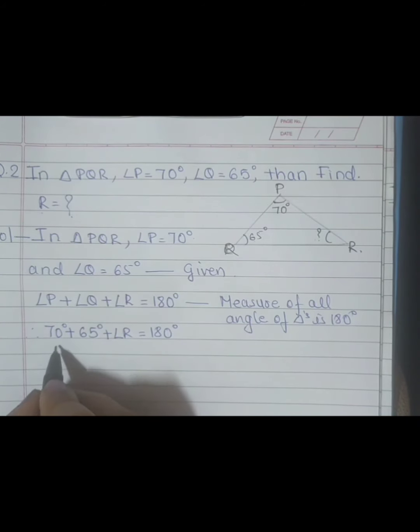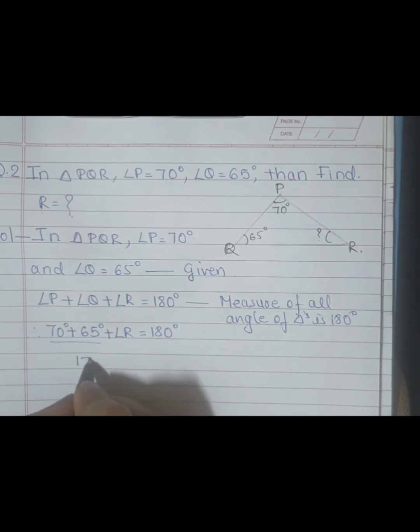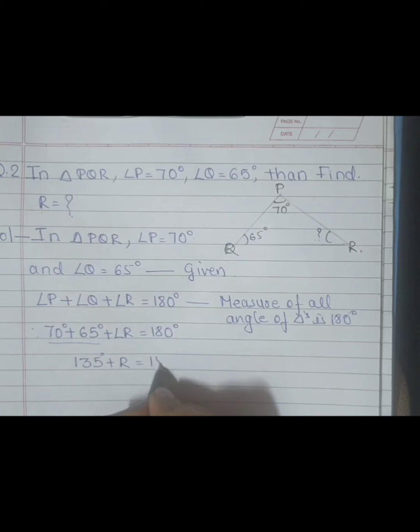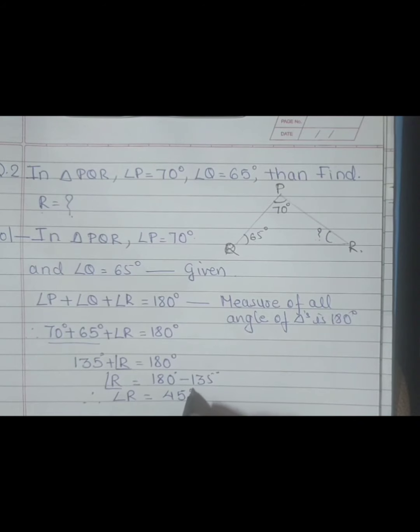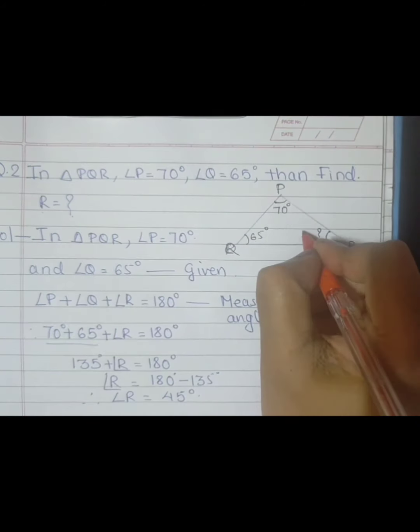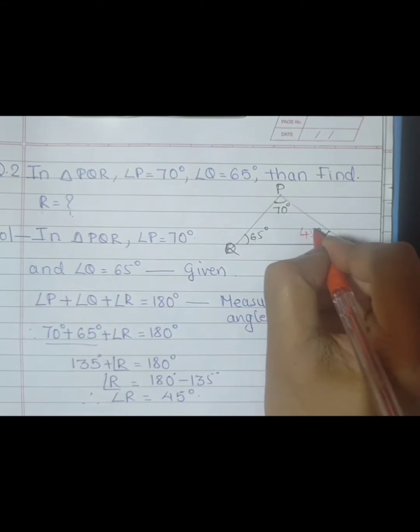After adding this we'll get 135 plus R equal to 180. Now R is equal to 180 minus 135. Now we'll get the value of R equal to 45 degree. So here we got answer 45 degree.